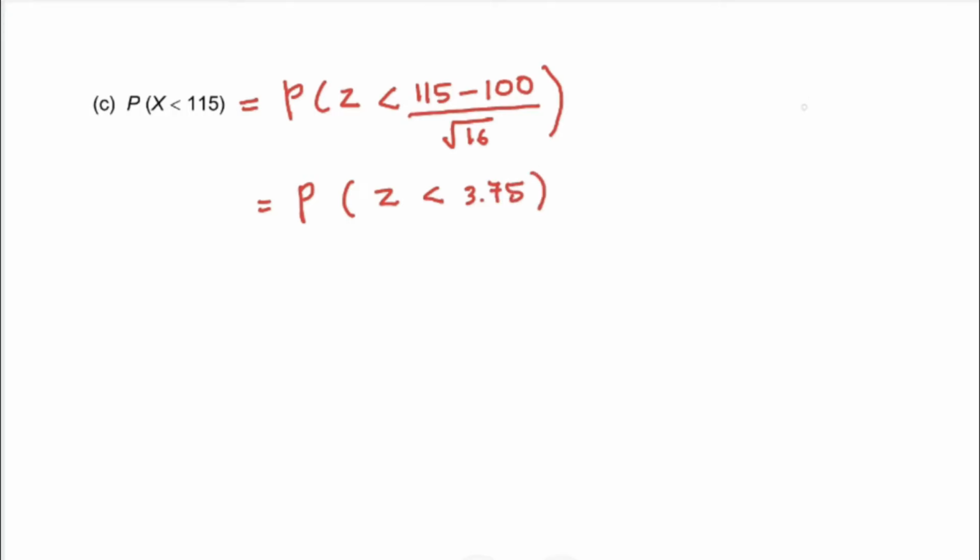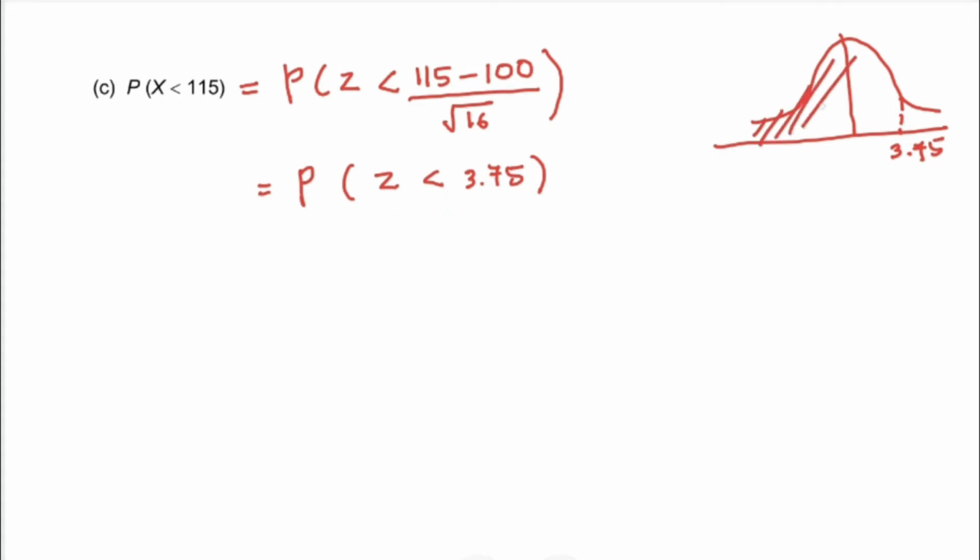Now if we look at the bell shape, because for all normal distributions, the probability is equivalent to the area under the bell shape, we need to draw it. 3.75 is a positive number, which is around here, and the area z less than 3.75 is here. This means the area is greater than 0.5, because half of the bell shape gives 0.5.